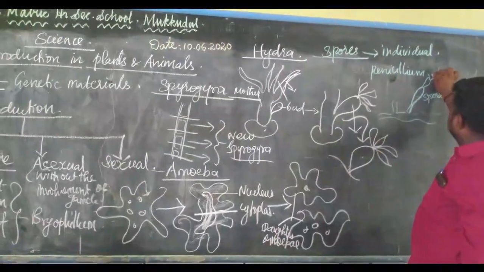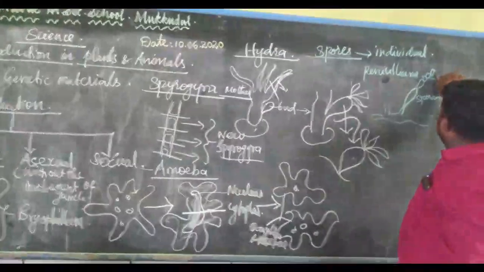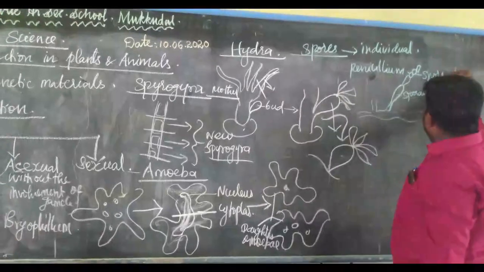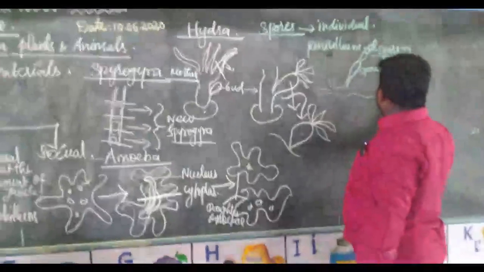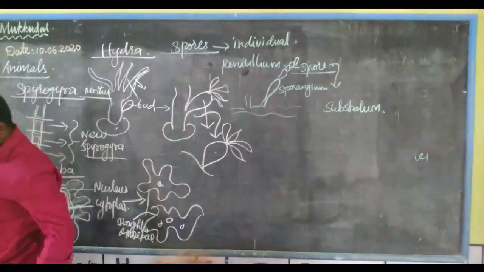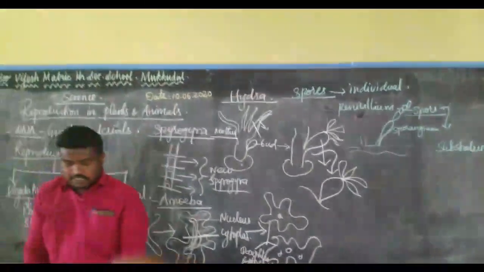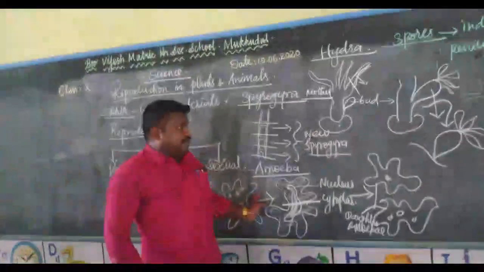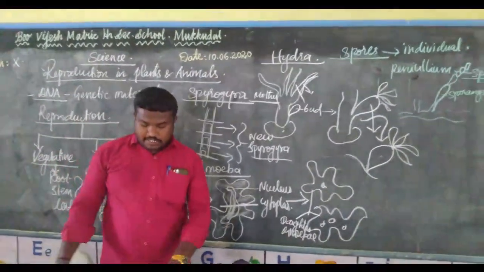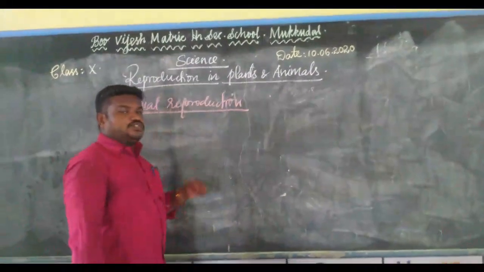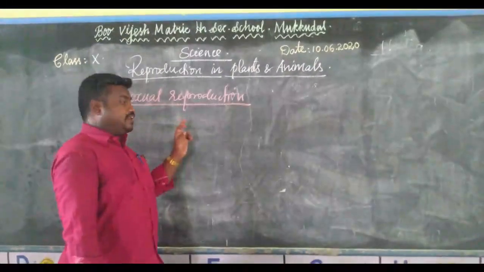The sporangium produces the sporangiospores. The spores again fall onto the substrate. That is known as spore formation in asexual reproduction. Can you understand? In asexual reproduction, there is no gamete involvement.